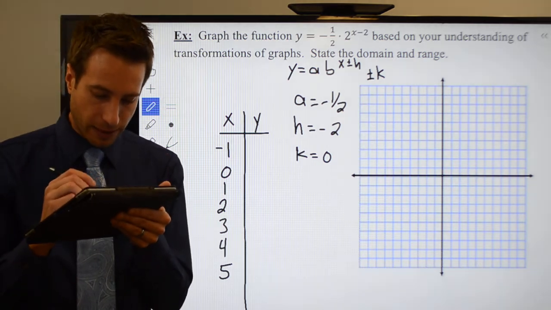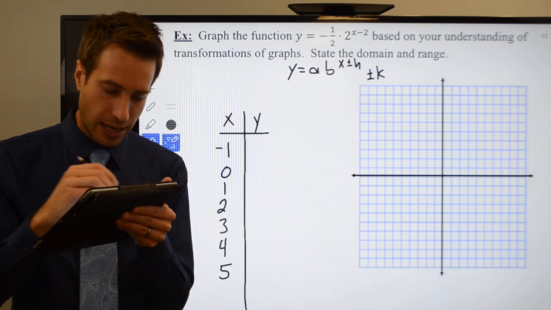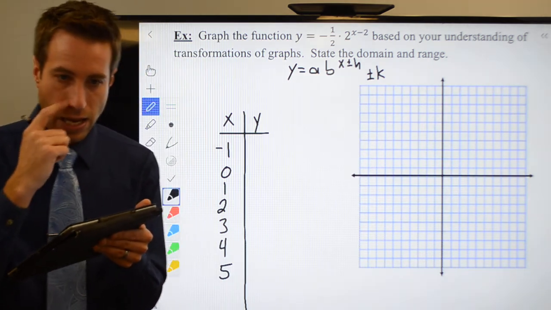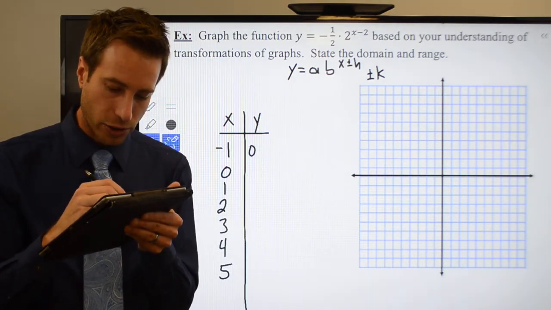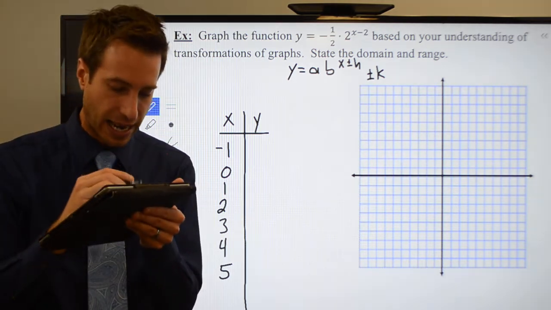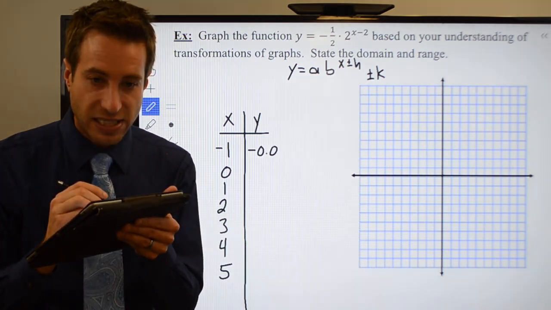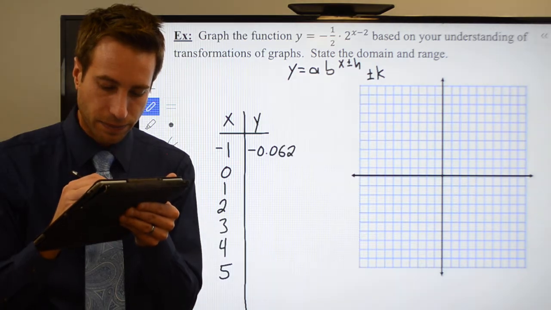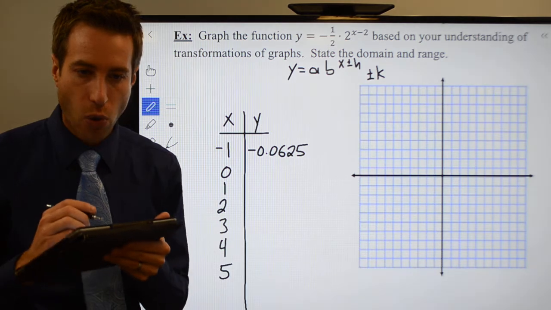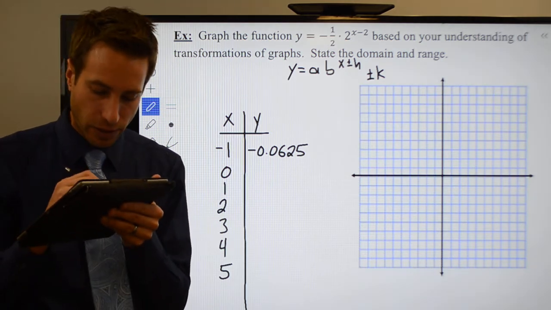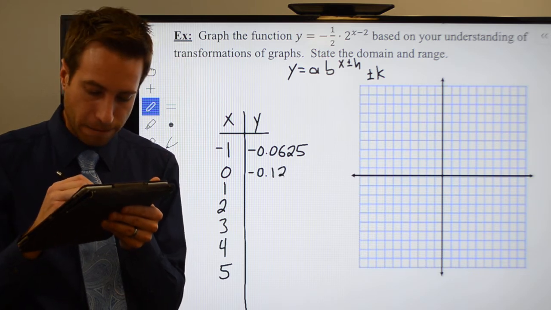I wind up with, actually here I apologize, I'm going to have to erase those real quick because they're kind of long decimals. For negative 1, hold up, I apologize. It's a negative number because I'm below the x-axis. Negative 0.0625. If you plug in a 0, you should wind up with negative 0.125.